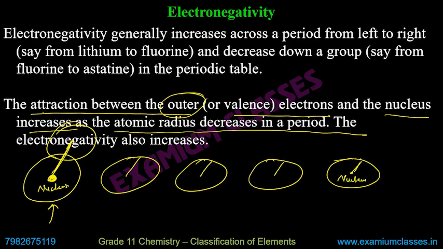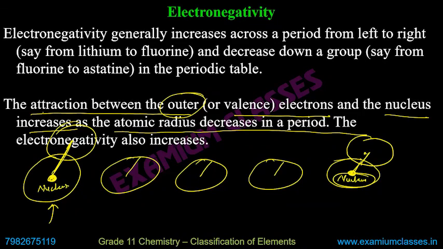If the radius is small and the other atom is here, this electron pair is closer to the nucleus. So it will attract it towards itself with greater force. It is just the distance of the electron pair from the nucleus which is responsible for electronegativity.